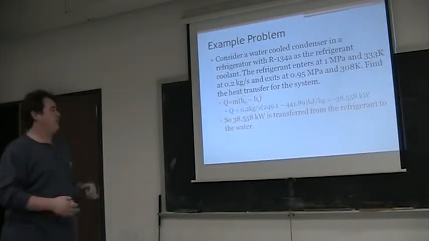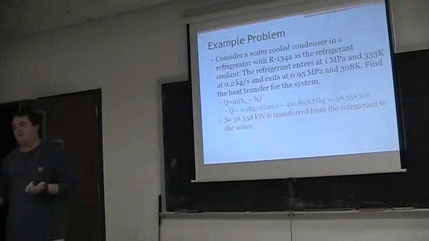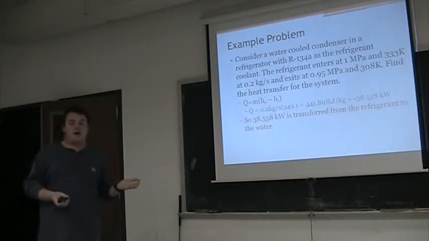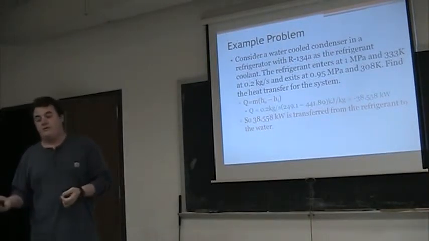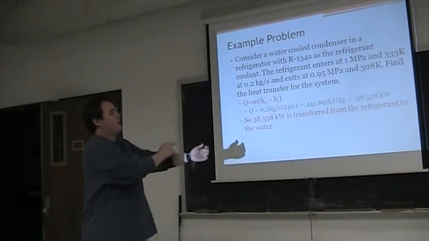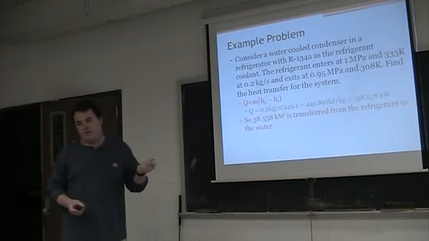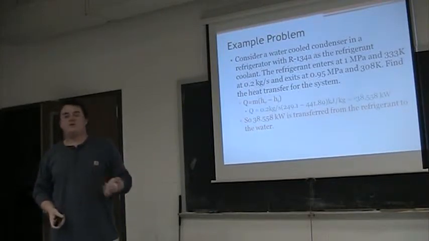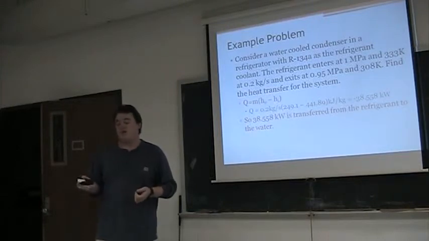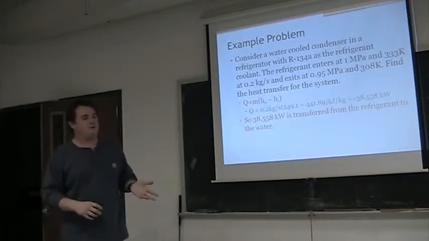Here's an example problem. We're going to consider a water-cooled condenser with refrigerant R134A. Refrigerant enters at 1 megapascal and 333 Kelvin at 0.2 kilograms per second, which is our mass flow rate, and it leaves at 0.95 megapascals, 308 Kelvin.